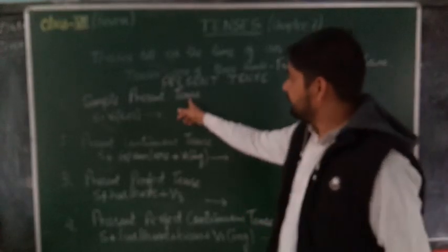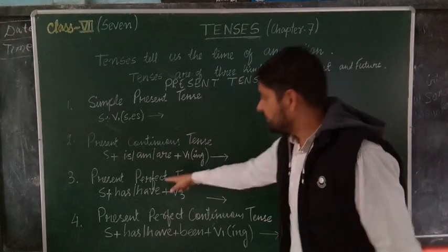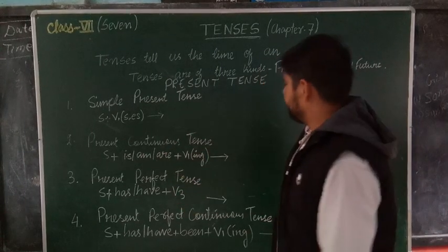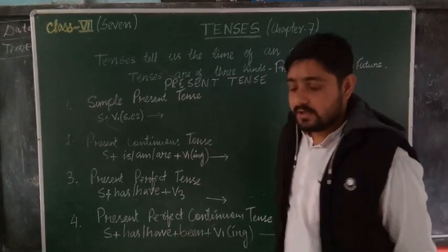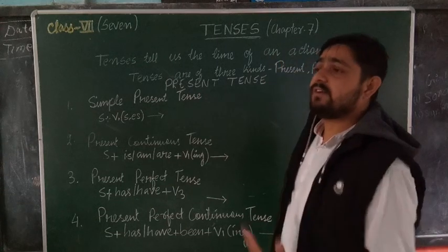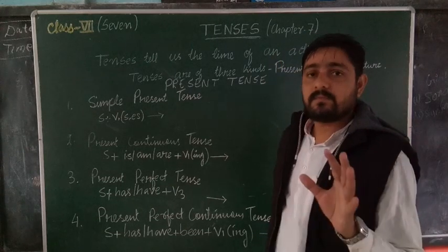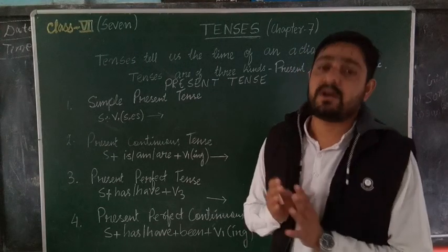Now I told you: simple present tense, present continuous tense, present perfect tense, present perfect continuous tense. These are the four tenses that come under present tense. What do you need to remember? Whenever you write a sentence, there should be a structure.